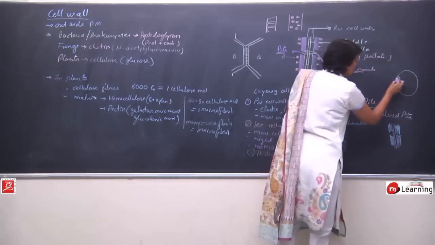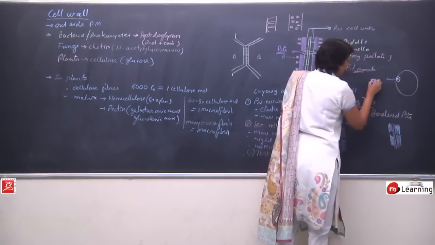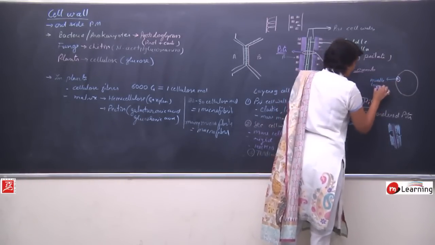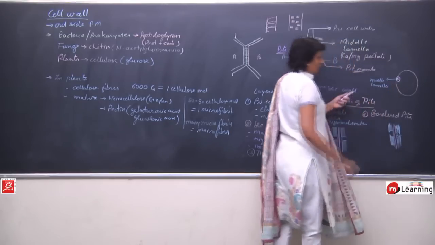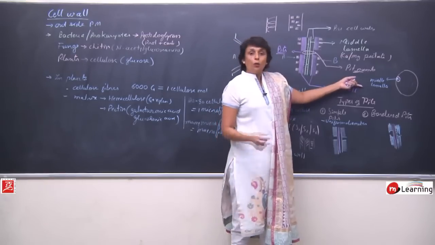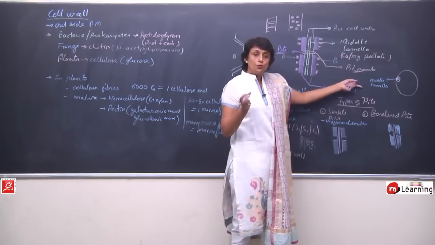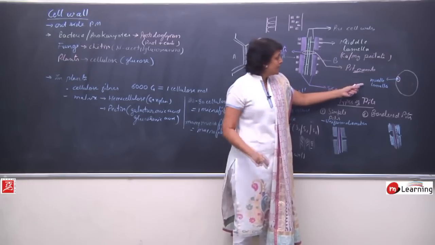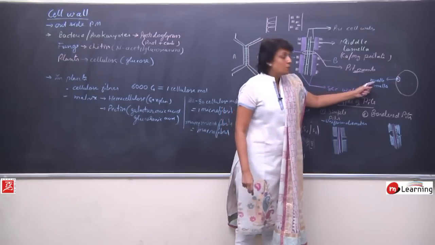So in this case, what is exposed is the middle lamella. In fruits and all, this middle lamella is exposed. We observe that when the fruits mature, the skin of the fruit becomes wrinkled. This is because of this middle lamella.